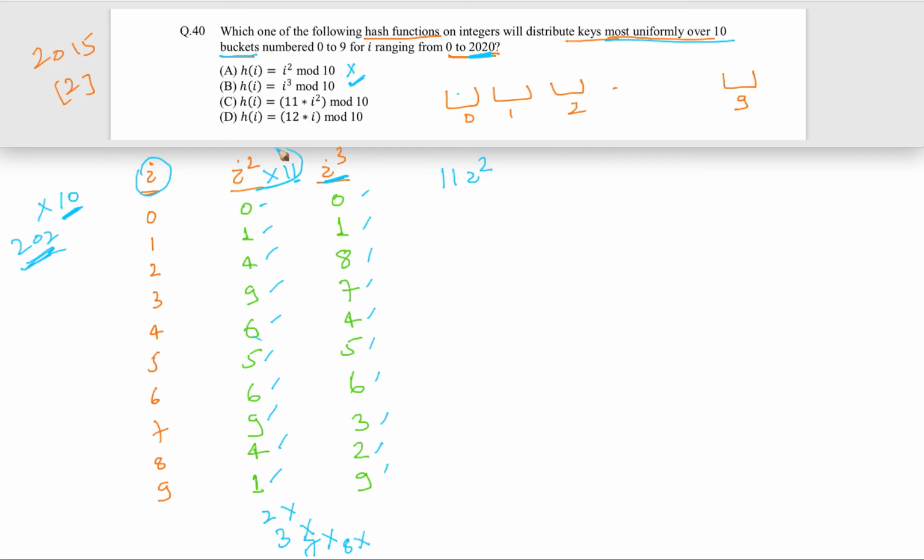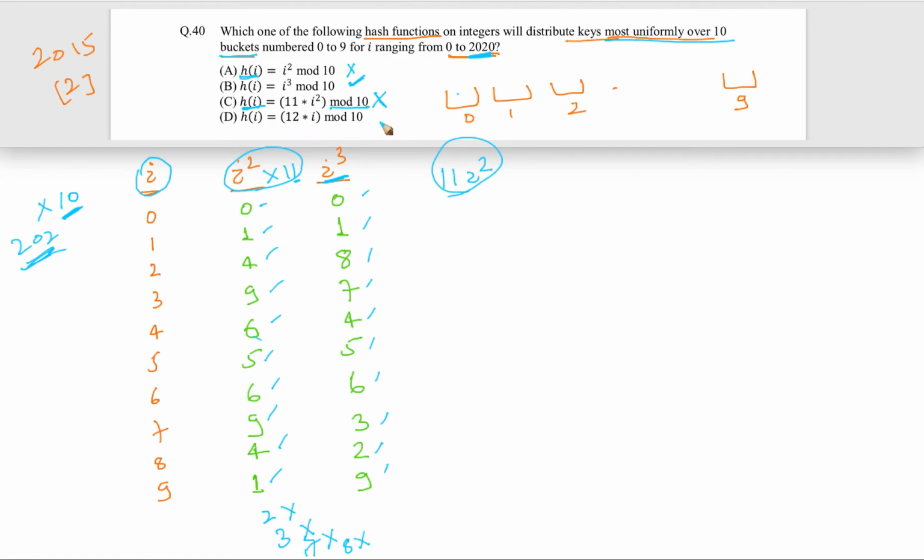So the unit digit will be the same, and since we are taking mod 10 here also, only the last digit will come, which means the hash values here and here are going to be the same. As in I square these values were not there, similarly in 11 I square these values will not be there, so it will not be that uniform. So we can rule this out also.